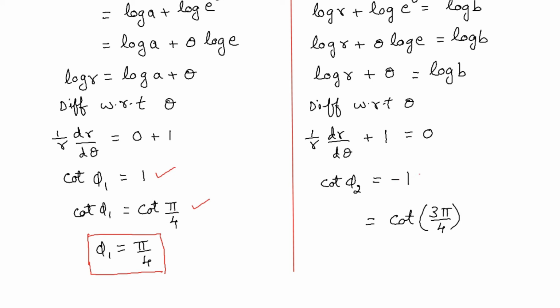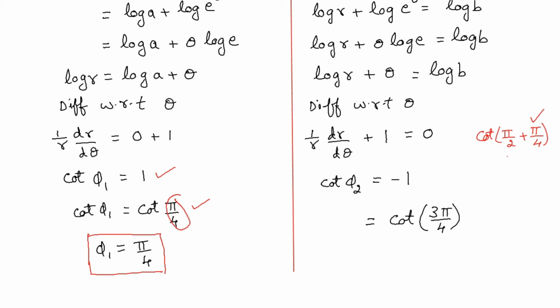If you want to write in the second quadrant, you will write that as cot of pi by 2 plus theta. In this case, this angle will be nothing but pi by 4, the same pi by 4 that we wrote earlier. Because it is in the second quadrant, I am writing cot of pi by 2 plus theta, where theta in this case is pi by 4.